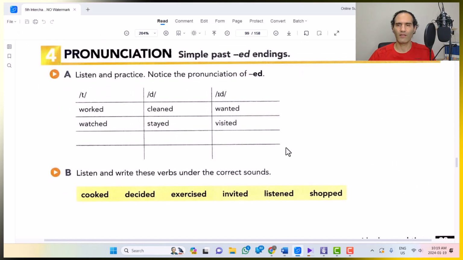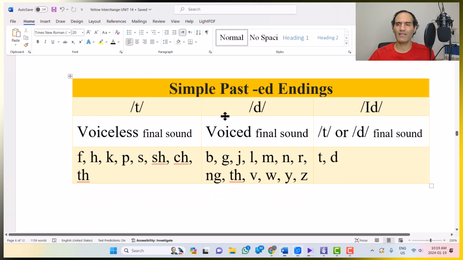How? Like this. Want. The last sound is t. Want. So we pronounce it wanted. And visit, t. Visited. Okay? So last sound of the verb is t or d.